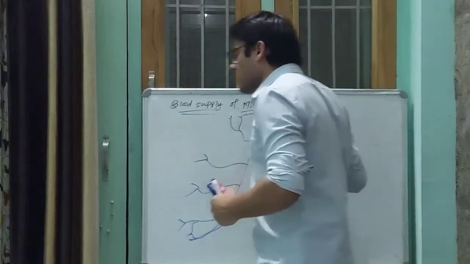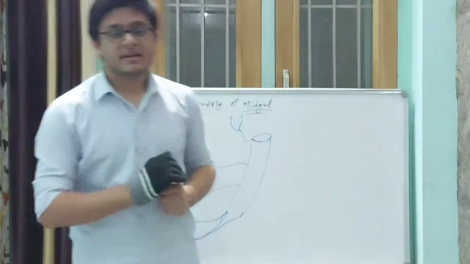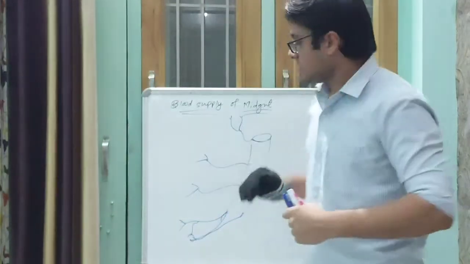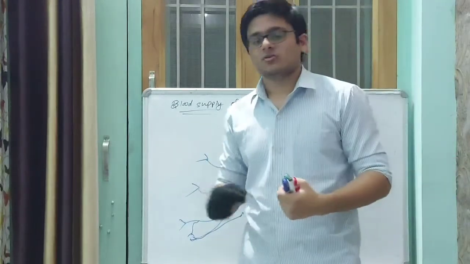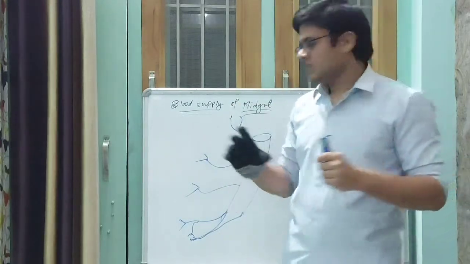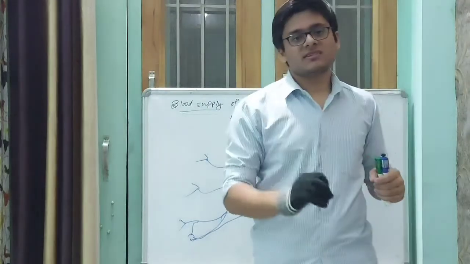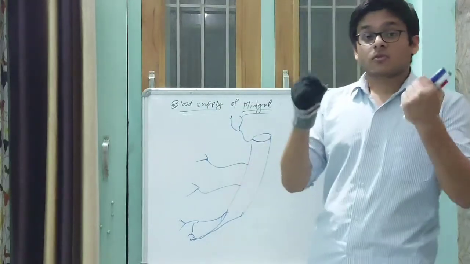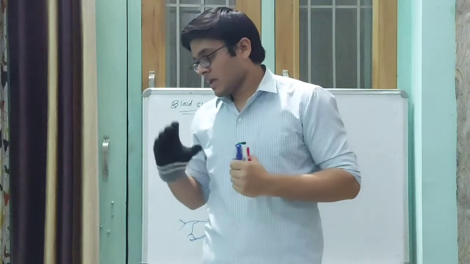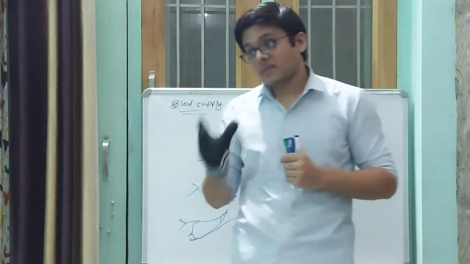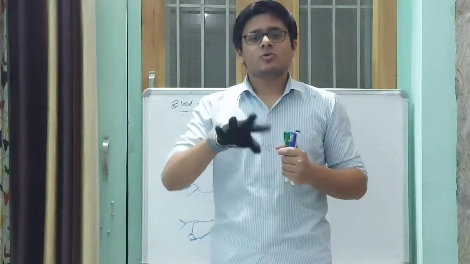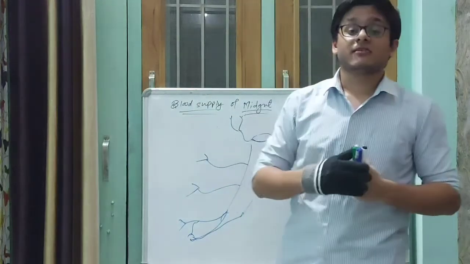Now briefly let us talk about the inferior mesenteric artery. So the origin of inferior mesenteric artery, focus on what I say, do not look at the board much. I use the board only to demonstrate certain things, otherwise focus on what I am saying. Okay, the inferior mesenteric artery originates just 3 to 4 centimeter above the bifurcation of abdominal aorta.